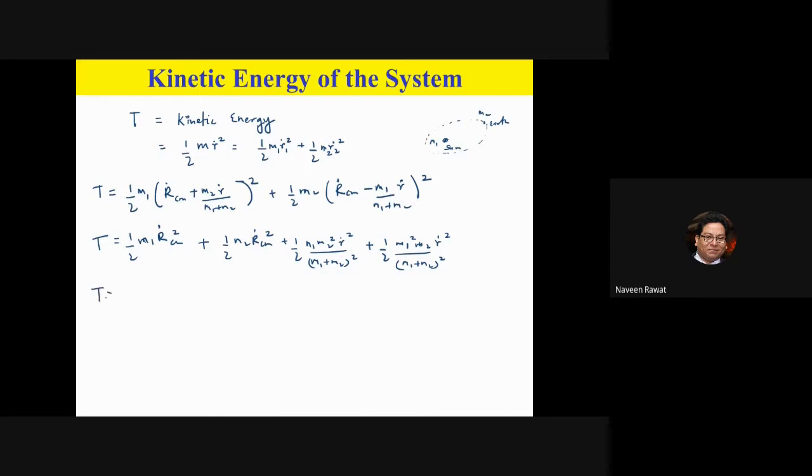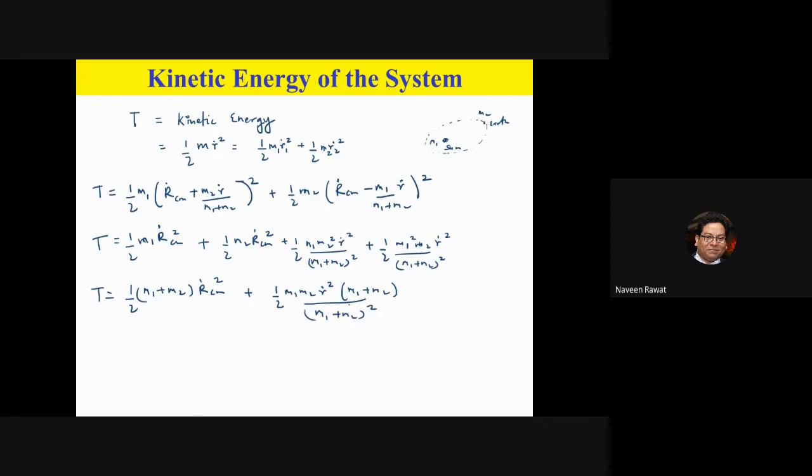Now here I can combine this. I can write it as 1 half m1 plus m2 r dot center of mass square. R dot center of mass square is common, so I have taken it outside. Similarly here I can write it as 1 half, and take m1 m2 r dot square outside, and I will get m1 plus m2 inside, and in the denominator m1 plus m2 square.